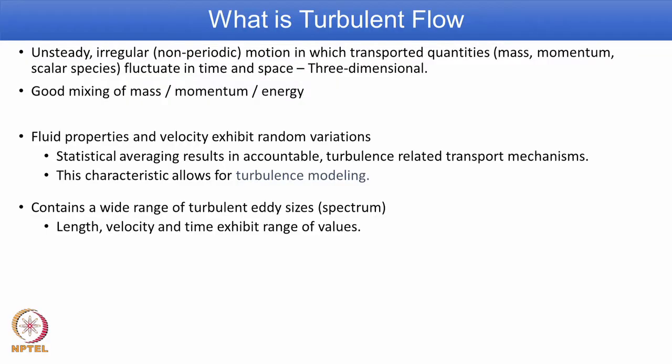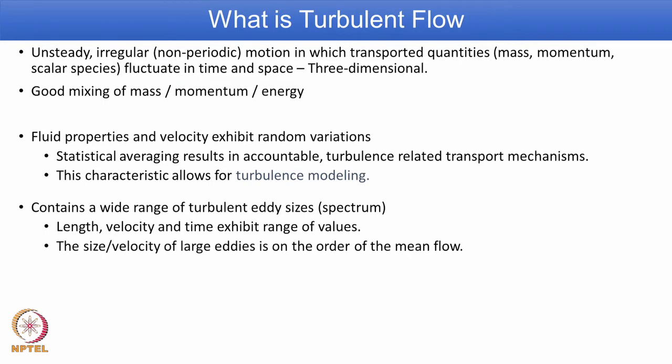There is a wide range available in a turbulent flow, and this is what is known as a spectrum, and they exhibit a range of values. The size and velocity of the large eddies is of the order of the mean flow. For example, if you consider flow through a circular cross-section pipe, then the largest possible eddy size is the diameter of the pipe itself.